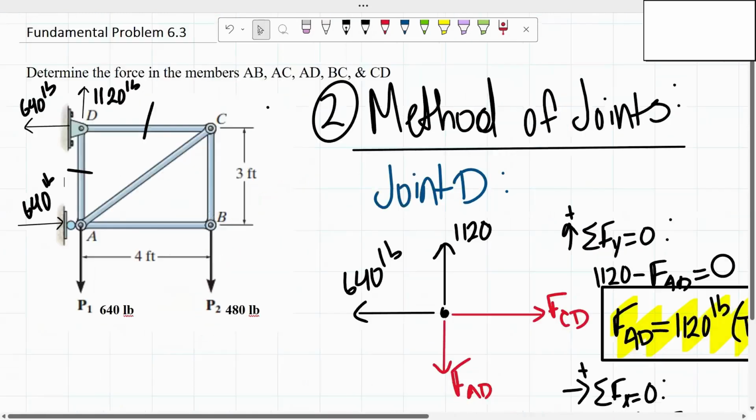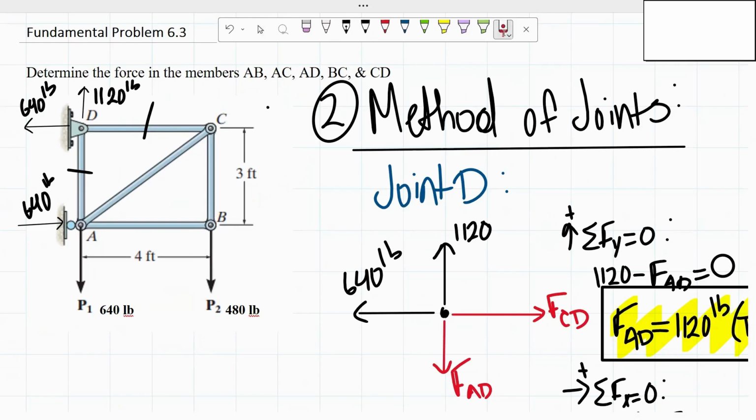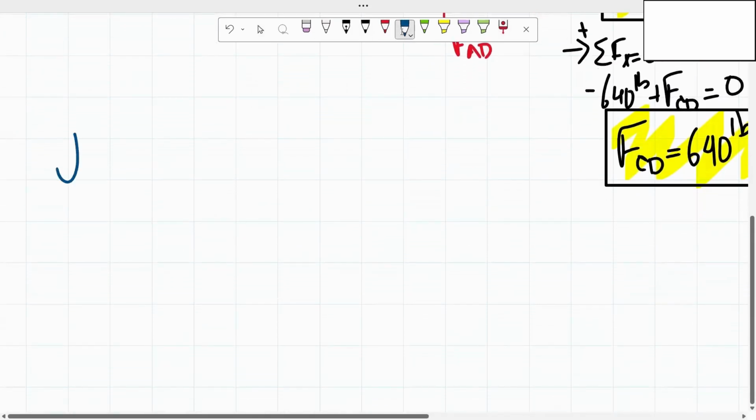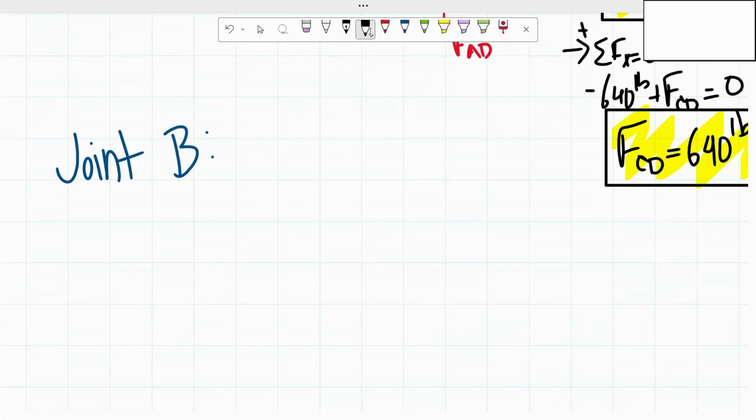From there, what I'm going to do now is apply the method of joints about joint B. With joint B, I'd be able to determine this force and this force right here. So that's going to be my next joint. If we draw joint B, I'm assuming that all of the forces are in tension, so away from the joint.